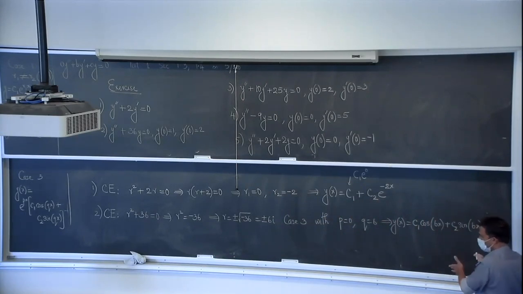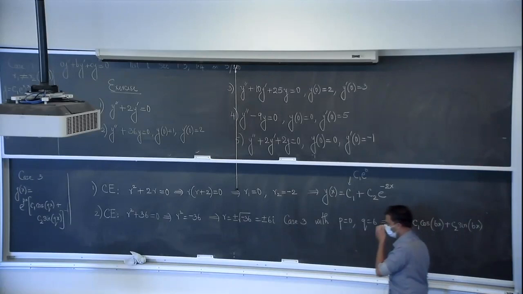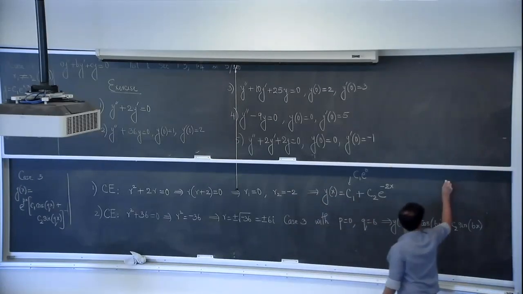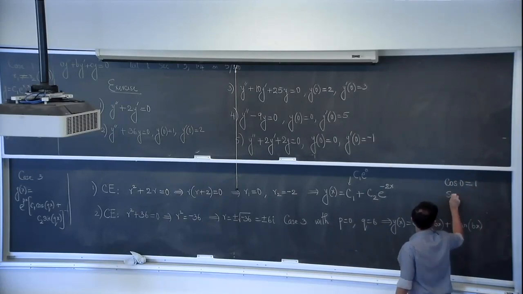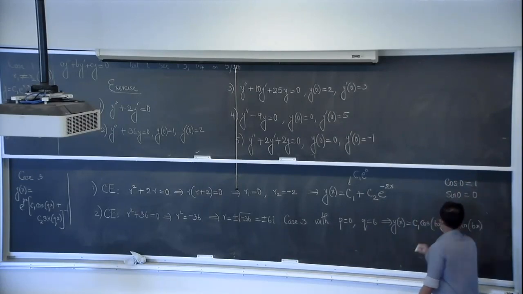But this is not the end of the problem. We are given two conditions, y of 0 and y prime of 0, to solve for c1 and c2. If you can remember these values, that will be great. Cosine of 0 is 1, sine of 0 is 0, in radians.